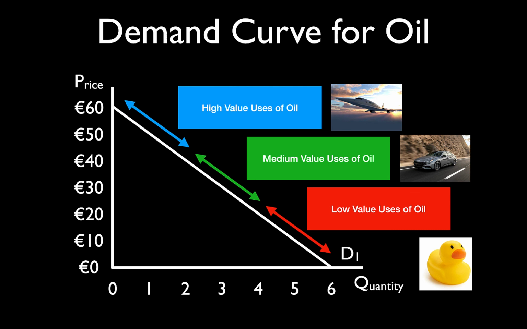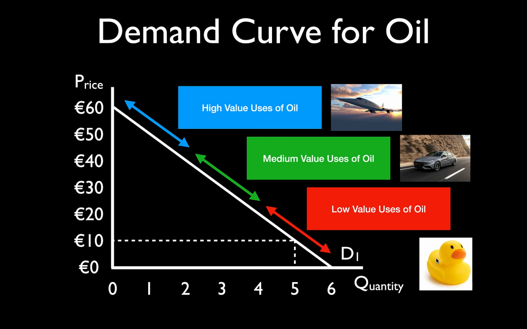All right. Now, what I'm saying to you is that at a price of something like €10, what we see is that the high, the medium, and the low value uses of oil are all perfectly acceptable. They're all in play, because if we're charging a low price for something, we can still use it to create something of very little value.